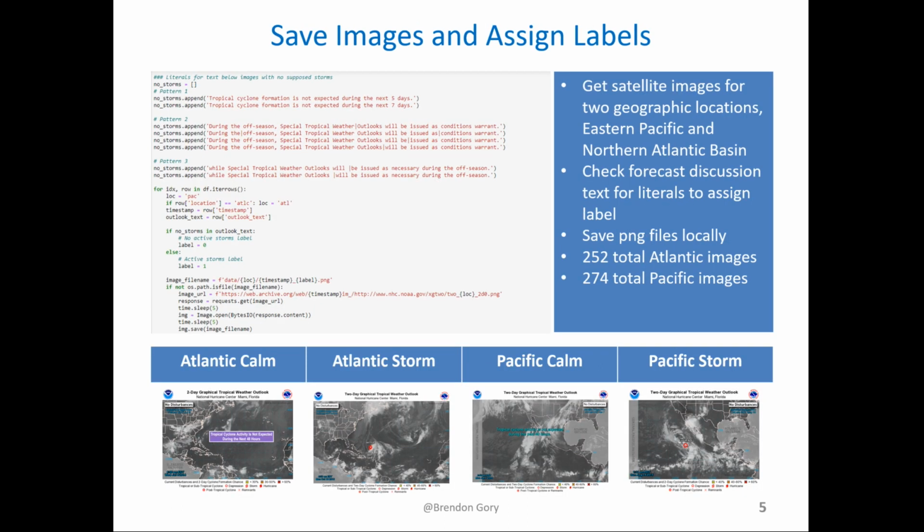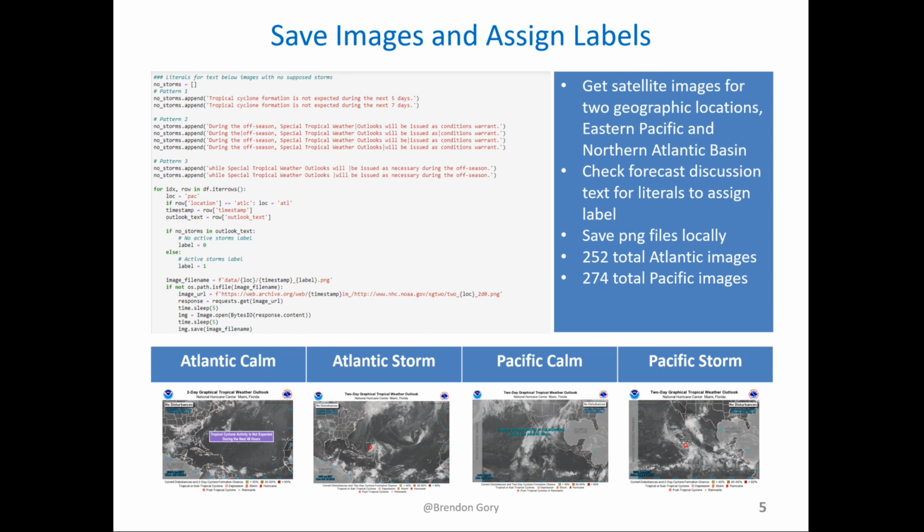The forecast text or forecast discussion is important because this is going to help us label the images. If there is calm weather, there are certain literals that we can find in the forecast discussion. This is going to help us label that there is no active storms, or 0. If we do not find these literals, we are going to label the image as 1, meaning that there is an active storm.